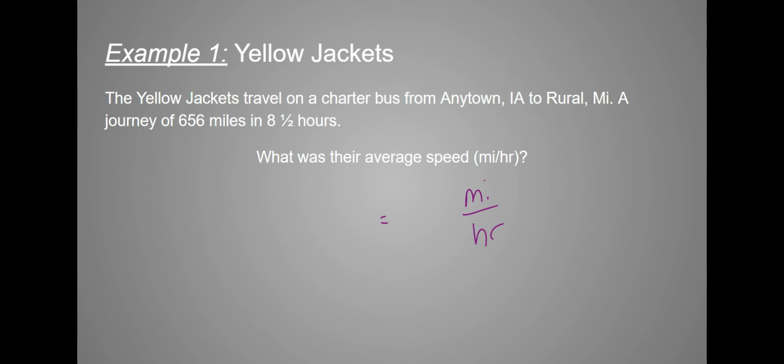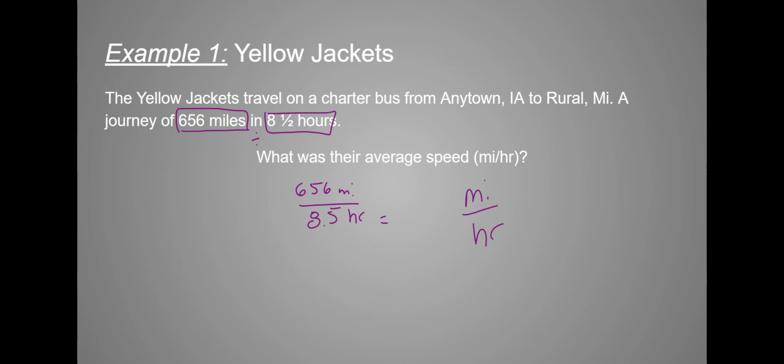And the only way to get that from the information that's given to us is to take miles divided by hours. Miles is in the numerator position on both sides of the equal sign, and hours is in the same spot on both sides of the equal sign.